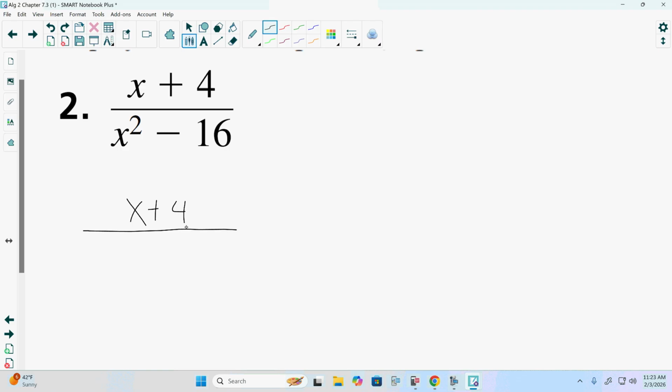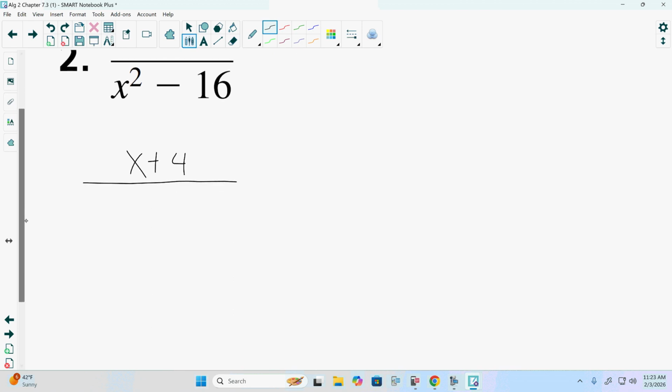Now the denominator, x squared minus 16. We do have a power of 2, so there's a good chance it does factor. No middle term, so either difference of perfect squares or our cubes. X squared is not a perfect cube. X squared is a perfect square.